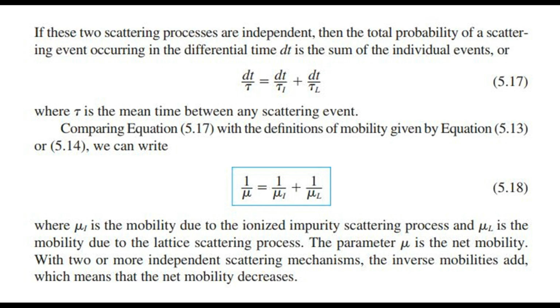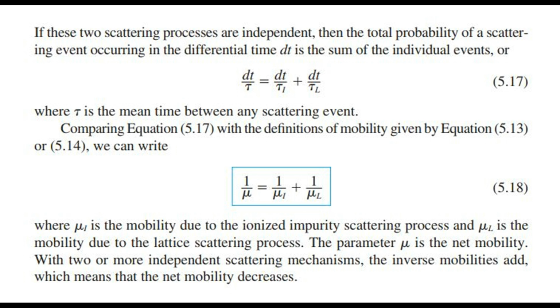If these two scattering processes are independent, then the total probability of a scattering event occurring in the differential time dt is the sum of the individual events, or dt over τ equals dt over τ_I plus dt over τ_L, where τ is the mean time between any scattering event.